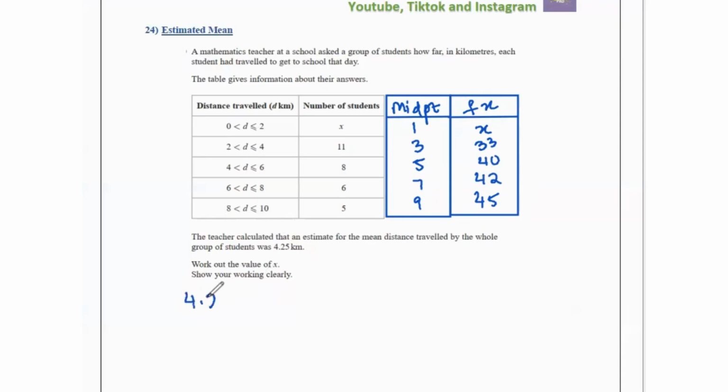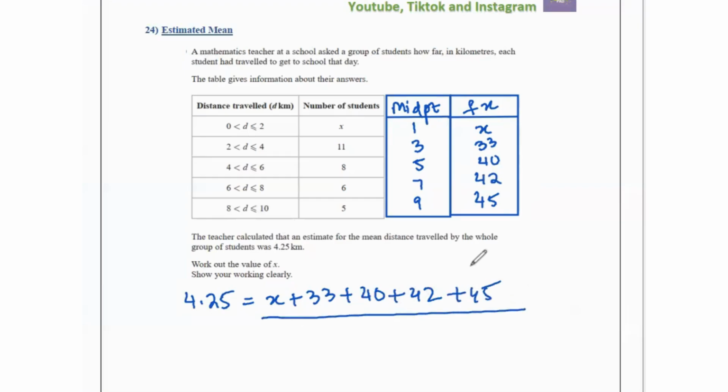So 4.25 equals x plus 33 plus 40 plus 42 plus 45. And that's divided by the total frequency, which is x plus 11 plus 8 plus 6 plus 5.